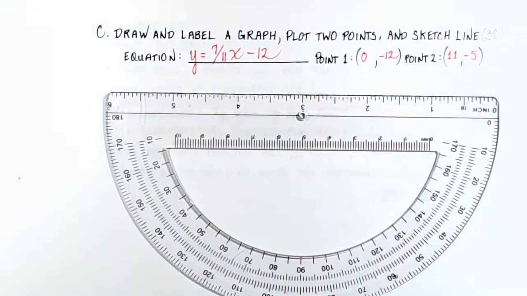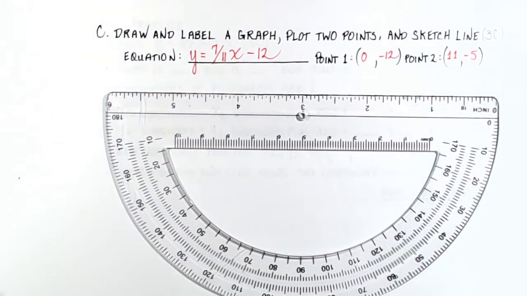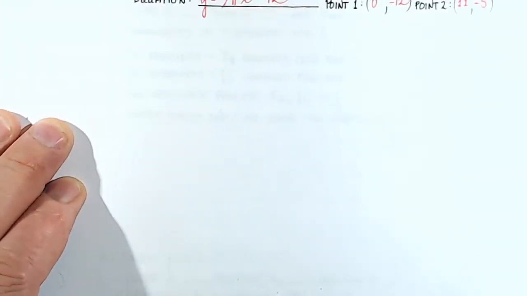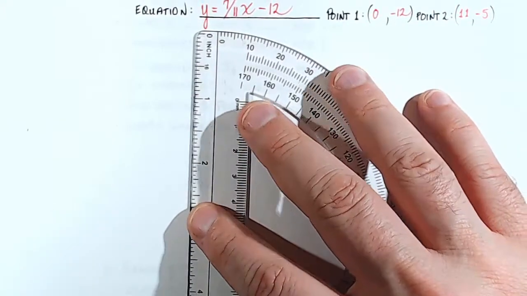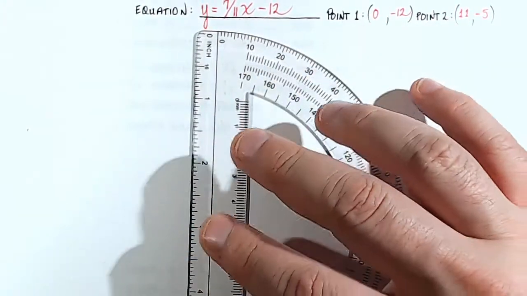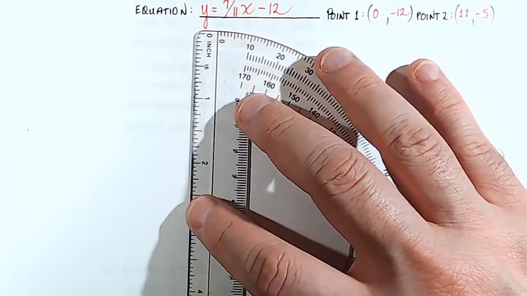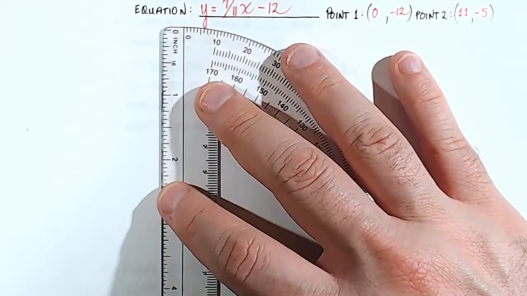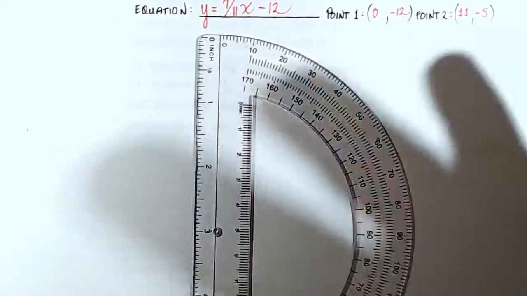Okay, so what we're going to do is draw a graph, and because it's all blank paper here, we have to use our tools to draw a graph, label it, plot those 2 points, then find the x-intercept, plot that point, then draw a line. And hopefully that line will pass through all 3 points. So we have to think about scale.